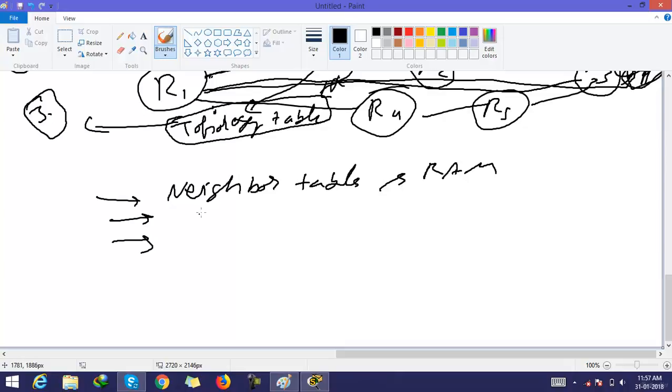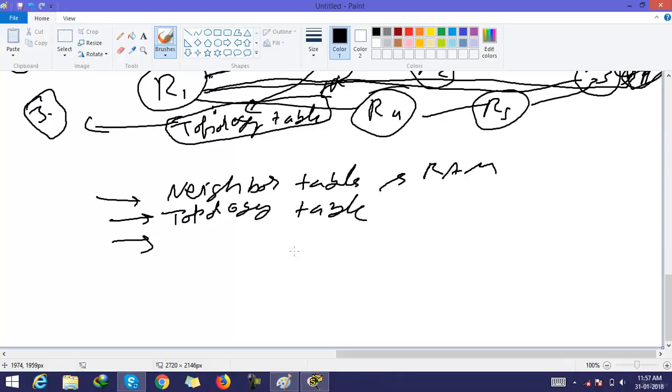The second table is the topology table. It contains all destinations advertised by neighbor routers, holding each destination address and a list of neighbors that have advertised the distance.